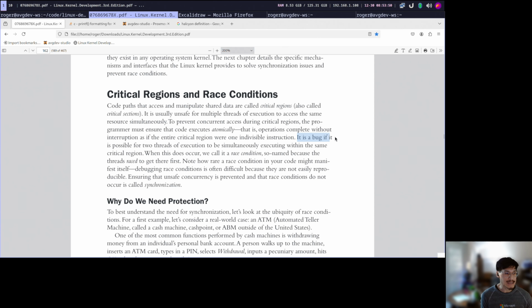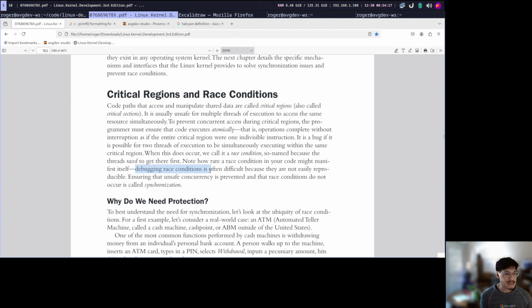It is a bug if it is possible for two threads of execution to be simultaneously executing within the same critical region. When this occurs, we call it a race condition, so named because the threads raced to get there first.